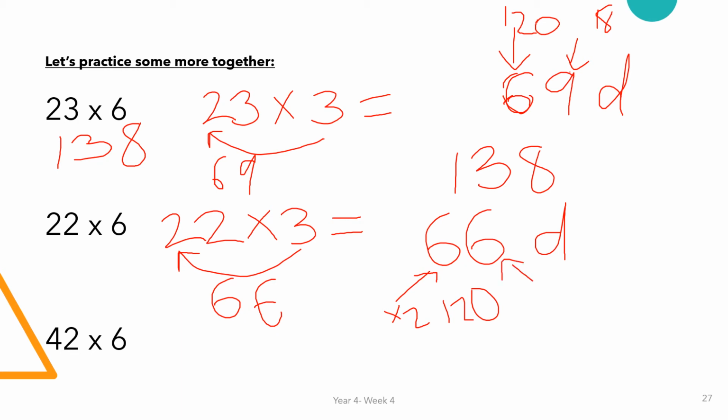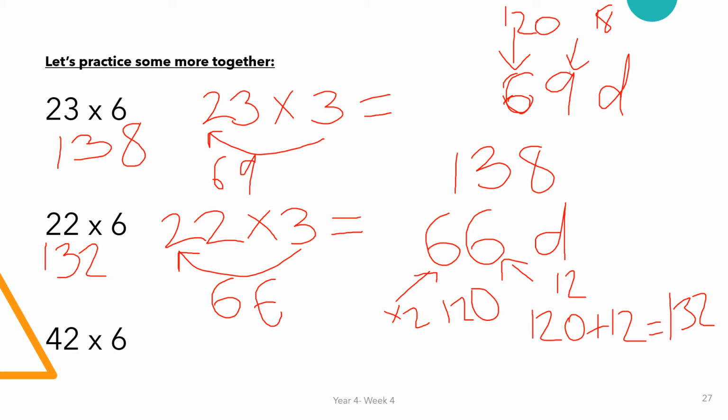Then we've got the 6 in the units column. So 6 double, or 6 plus 6 is 12. 120 plus 12 is 132. There we go. Okay, so 22 multiplied by 6 is 132.